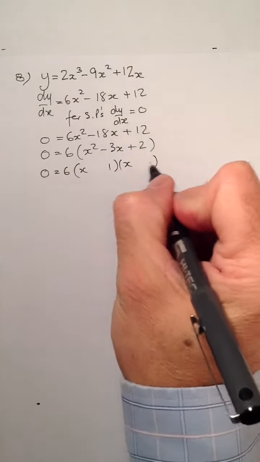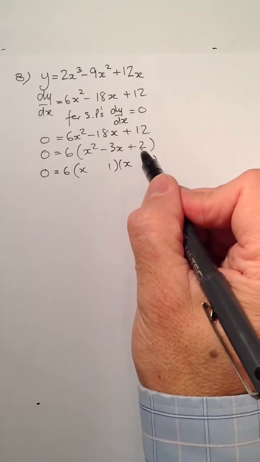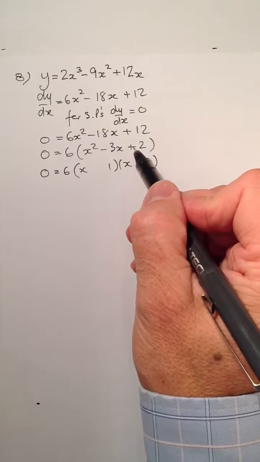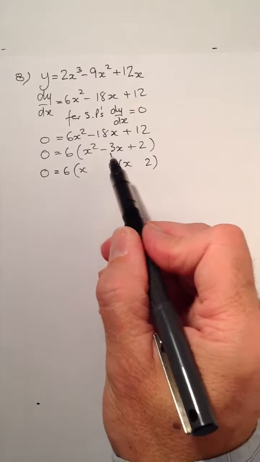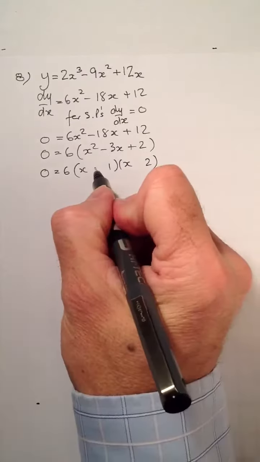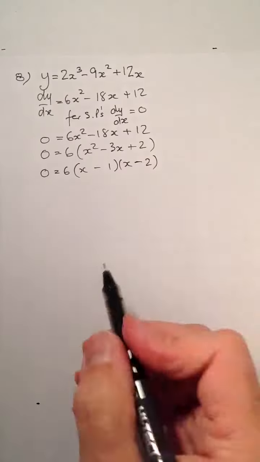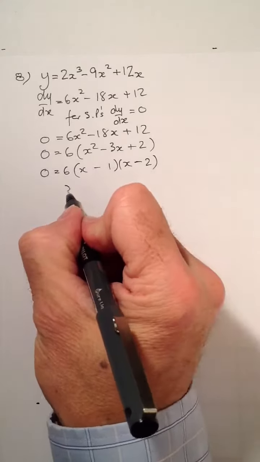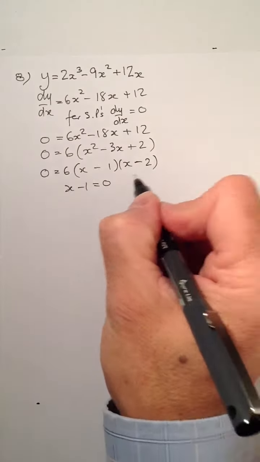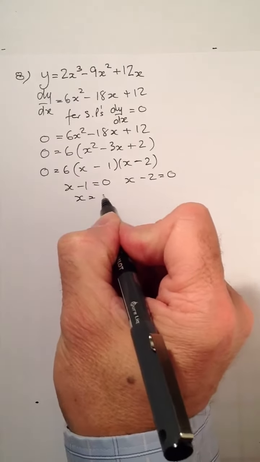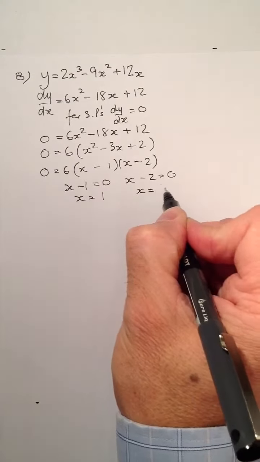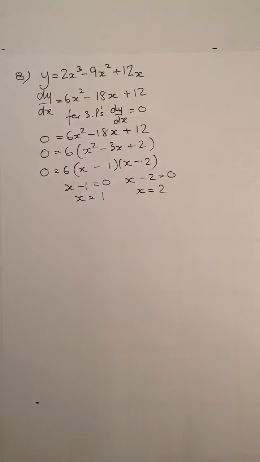I've got 1 and 2 as the numbers that multiply together to get 2. That's a positive sign, so that tells me that both are either positive or both are negative. With that being the negative sign, they both must be negative. So from there, what I can see is that x minus 1 equals 0, or x minus 2 equals 0. So my x value is 1, and my other x value is 2.